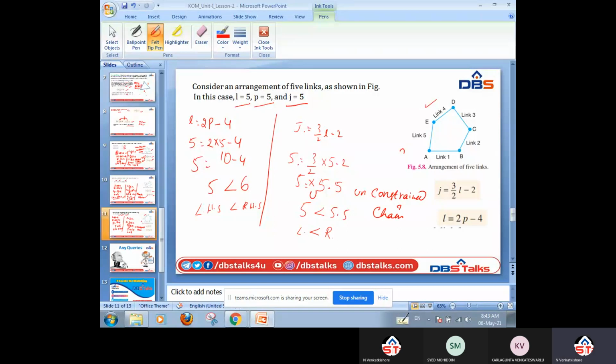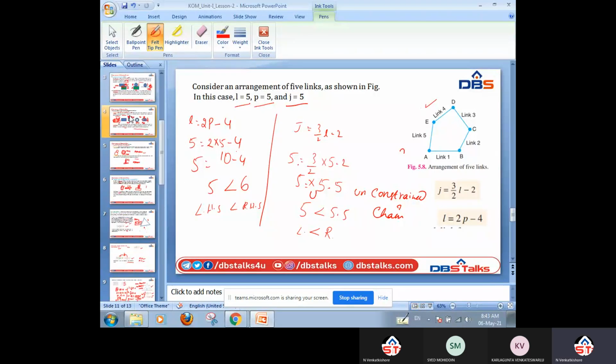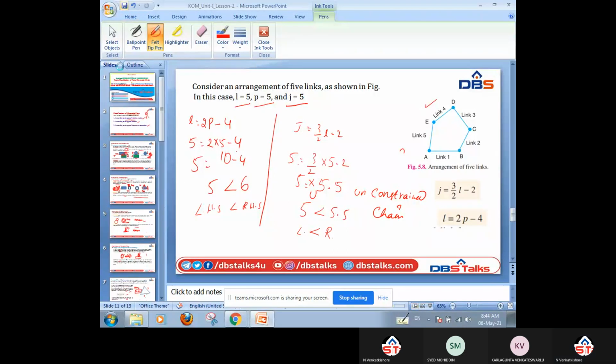So, unconstrained chain. These are the various types of chains available.